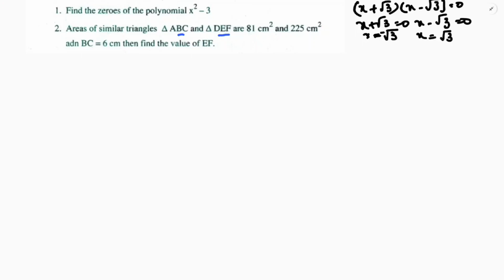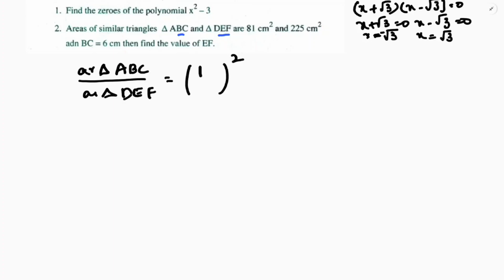If I apply the areas theorem, if two triangles are similar, then the ratio of their areas, area of triangle ABC by area of triangle DEF, equals the ratio of the squares of their corresponding sides. Here they give BC and EF, so I'll use BC and EF. Area of triangle ABC is 81 and DEF is 225. BC is 6, EF we need to find.